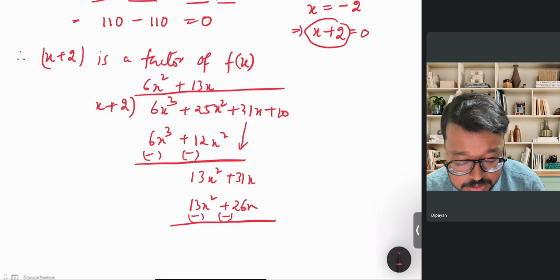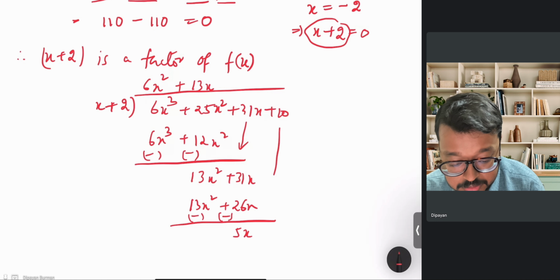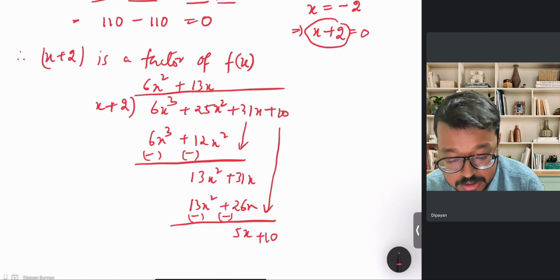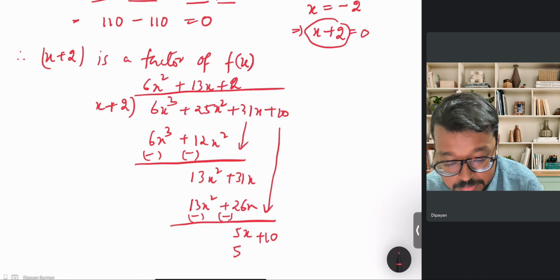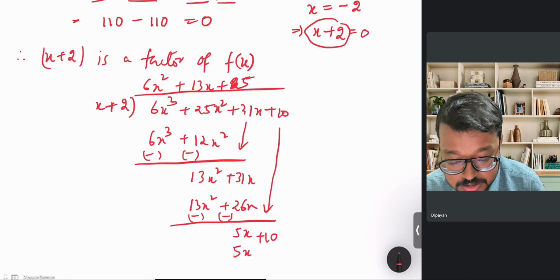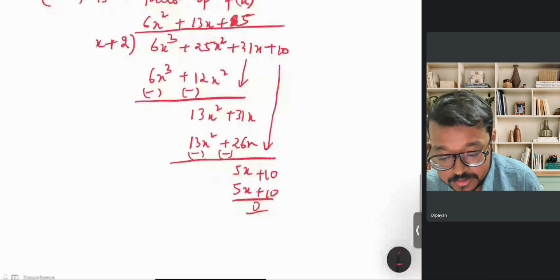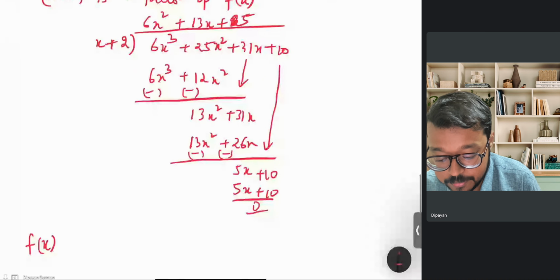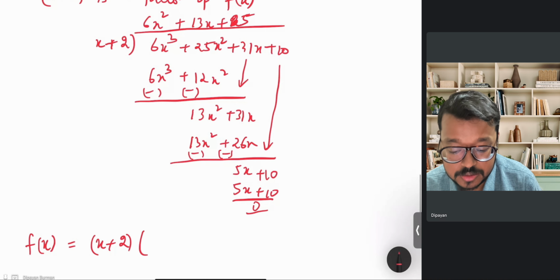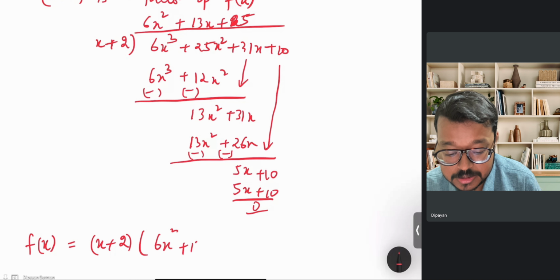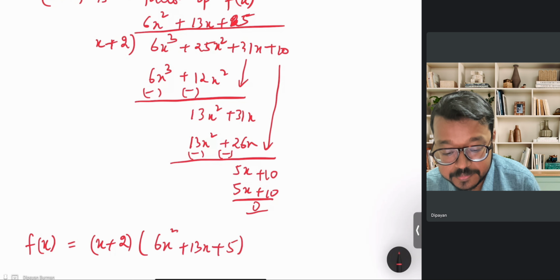So 31 minus 26 is 5, then plus 10, so 5x plus 10. So I will find that my cubic polynomial is equal to x plus 2 multiplied by this quotient, which is 6x squared plus 13x plus 5.